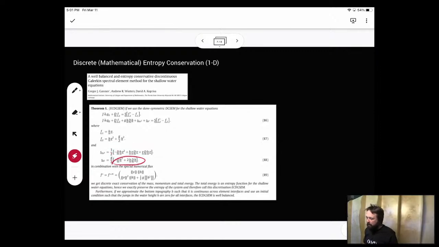If we expand out doing a product rule for h derivative of h squared, we can calculate the error from that term and drop it right back into the conservative form equations that we had before, and it does not mess with mass and momentum conservation, because again, if I integrate this over an element, the average value goes to 0, so I still get mass and momentum conservation even though I started with skew symmetric. And then you also get entropy conservation out of it so long as you choose the flux functions in a very particular way. So that's pretty much it on the theory.